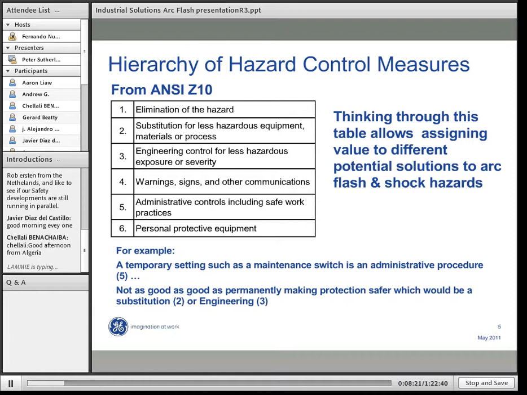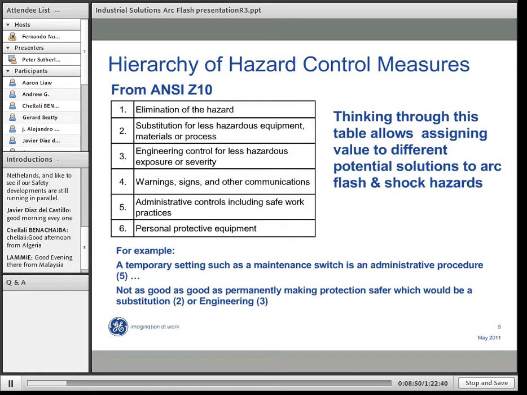Then there are engineering controls to reduce the exposure to hazards and the severity of hazards. Then there are warning signs, and then there are administrative controls, including safe work practices. And finally, the PPE.